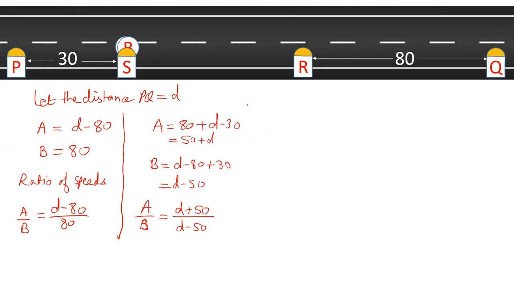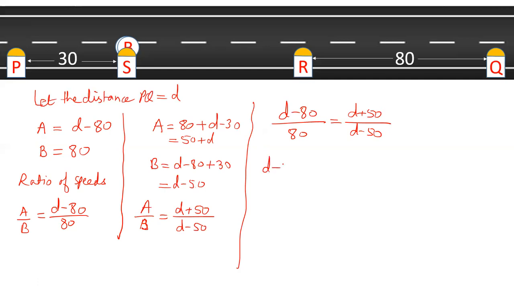Now both are the ratio of their speeds, so we can equate them. Ratio of speed of A and B is D minus 80 upon 80, and the ratio of the speed is D plus 50 upon D minus 50. So let's cross multiply. D minus 80 times D minus 50 is equal to 80 times D plus 50.